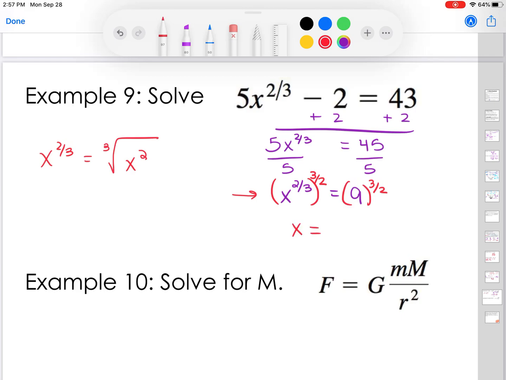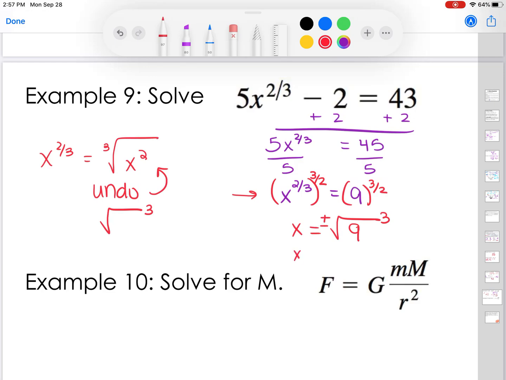All right, so x is going to equal, for that 9, the square root technically of 9 cubed, right? Now don't forget, because we're undoing this, what's really happening is we're square rooting and cubing. When we're square rooting and cubing, that should give us that plus or minus here.